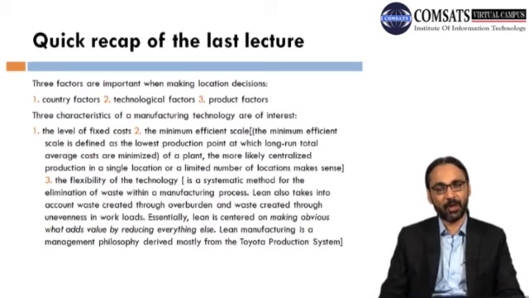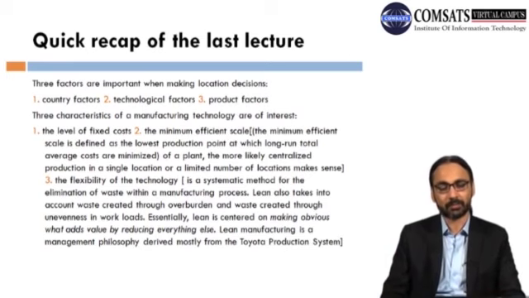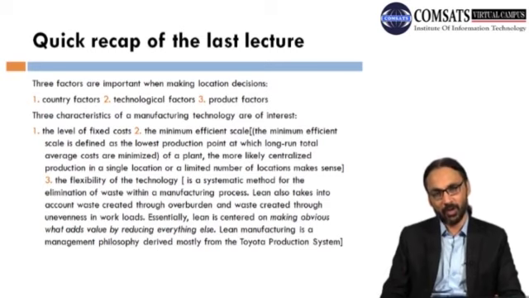Minimum efficient scale means the point where long-run total average cost is minimized. At that number of products, it is called minimum efficient scale. And the third factor which is important for determining the location of the international business is the flexibility of the technology.